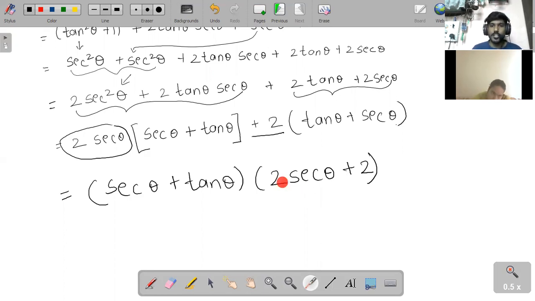One more thing to be done here: in this we can see 2 is common. 2 sec theta plus 2. So from here, just take 2 common outside the bracket.